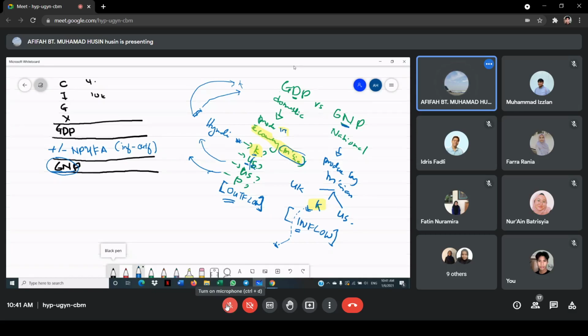Boleh? Any more questions? Ada siapa-siapa kat sini lahir di UK atau US? Biasa mak ayah yang pergi study buat PhD lah. Ada? Do we have? Tak ada. Okay.